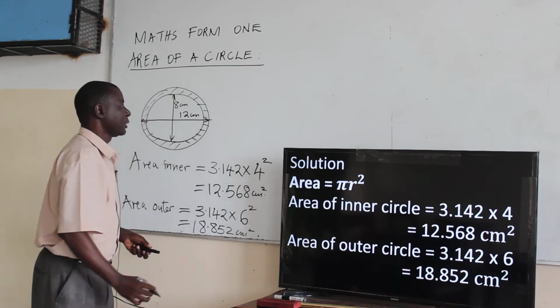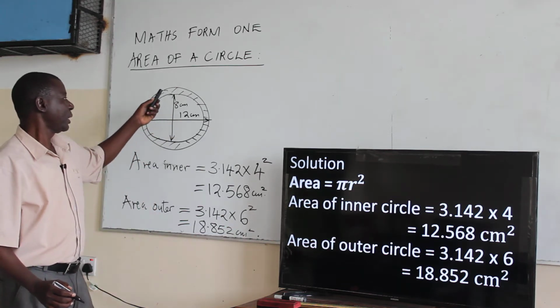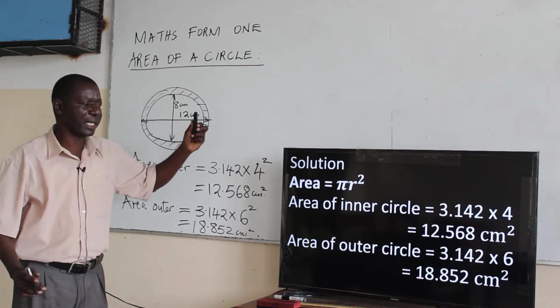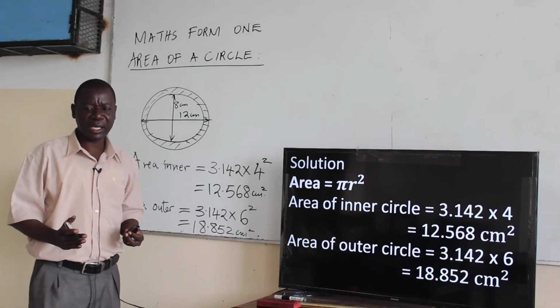So to get the area of the thickness, we simply take the area of the outer, subtract the area of the inner.